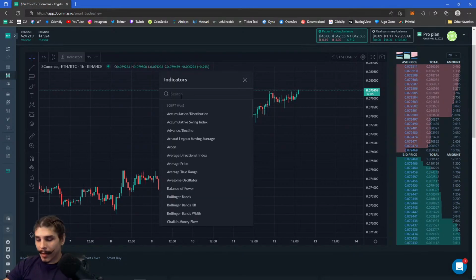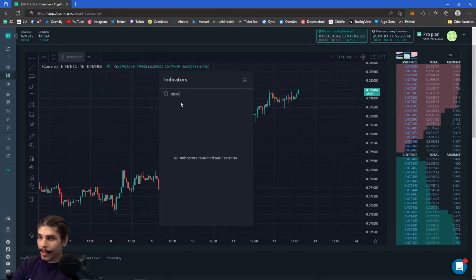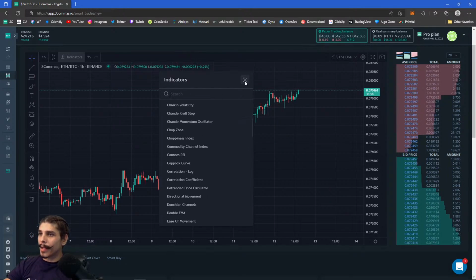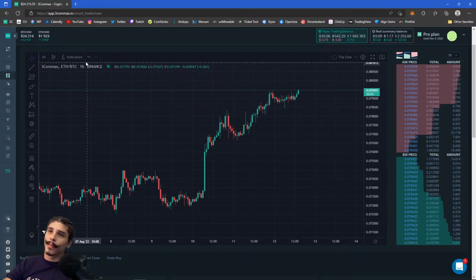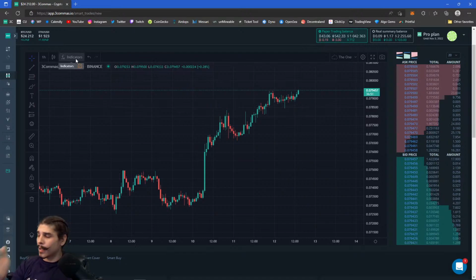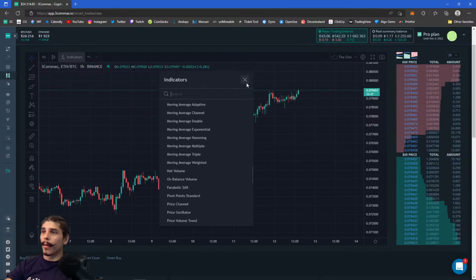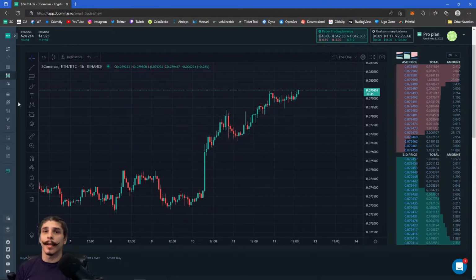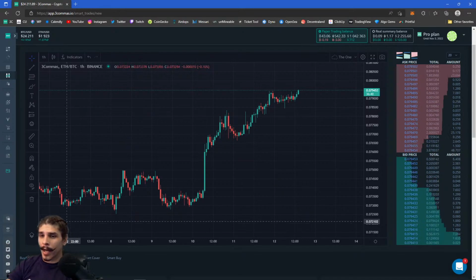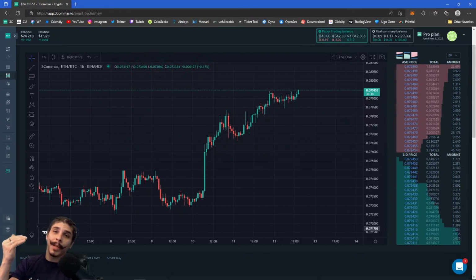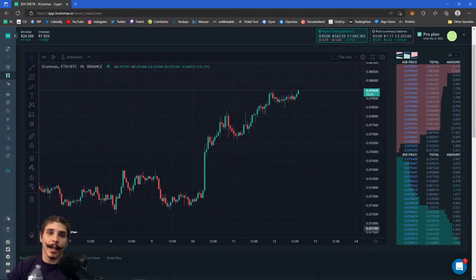If I try to type it up, I would have to go to my invite-only scripts on TradingView, and I can't find any of that here because it's not in the public library. If it's in the public library, you'll be able to find it, but that's also kind of limited if it's not very popular. You can scroll through the indicators and see what's available, but invite-only scripts are not going to be viewable inside of 3Commas or any exchange with TradingView integration. Those have to be viewed directly on TradingView. So that's a negative.